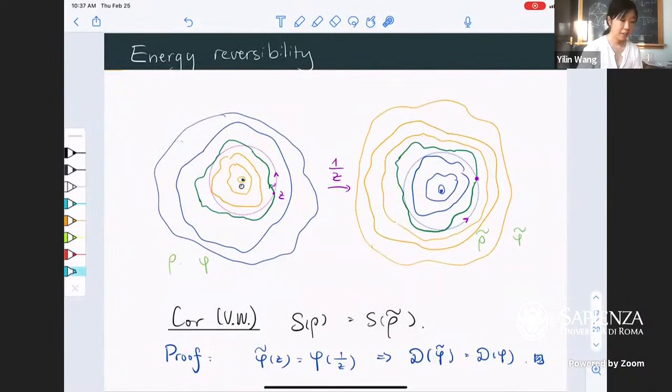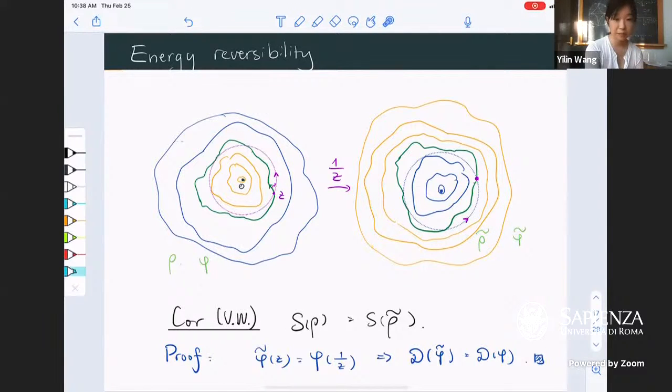All right. Our main result's first application is called energy reversibility. It's a one-line theorem and a one-line proof. I have a foliation generated by rho. I assume that rho has finite Loewner-Kufarev energy. They're all Weil-Petersson quasicircles.